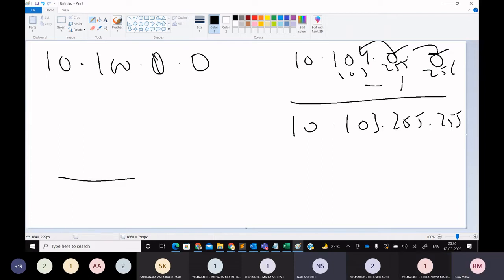When you minus 1 from 10.104.0.0, what happens is, since this is 0, let me take this. This was this, and you're supposed to minus 1 from here, right? Now can you subtract 1 from 0? Cannot.